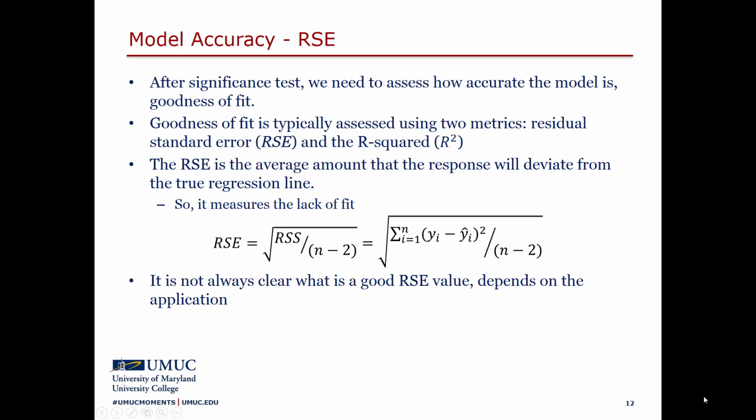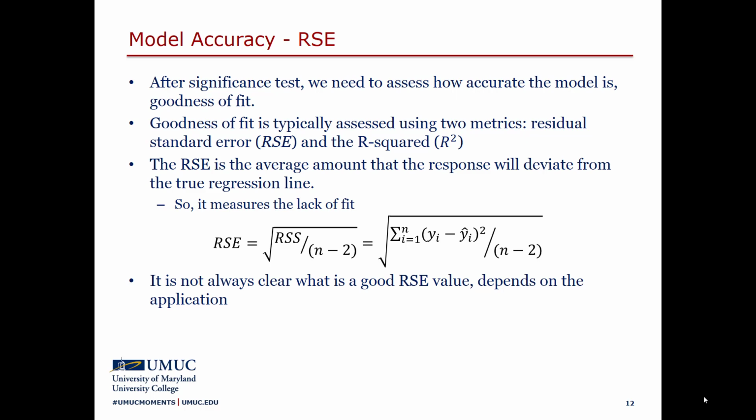So until this point, we talked about how we estimate the parameters using least squares, how to put confidence intervals on the estimated quantities, and how we perform significance tests on the estimated parameters. Here we talk about model accuracy, that is, how accurate the model is, also called goodness of fit. That means on average how close the estimated quantity is to the population mean.